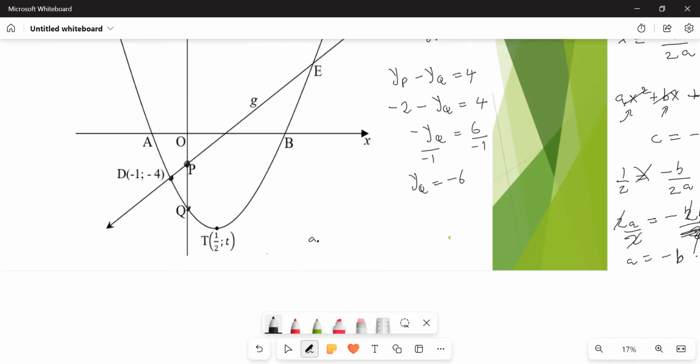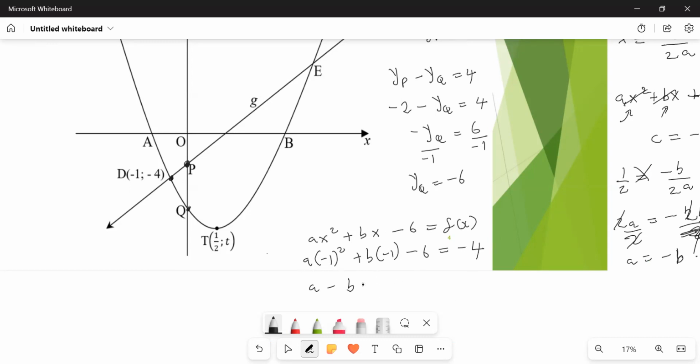So if ax squared plus bx minus 6 is equal to f of x, and x is minus 1, then a minus b minus 6 is equal to y, which should be minus 4, because I use point D. Then if we move 6 to the other side, minus 4 plus 6 is 2.